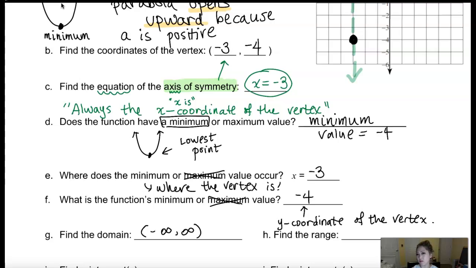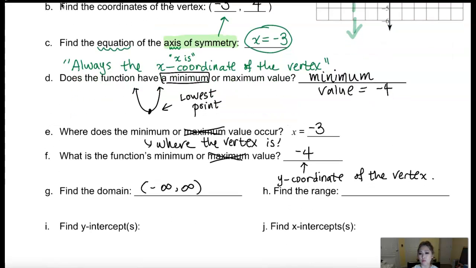All right, the range is going to be a little different though. Range though, because the parabola has the lowest point and it's going to go up. We already said that the lowest point is going to be -4 and it's going to always go up. I'm sorry, not always. Some parabolas open downward. But for this parabola, the lowest point will be -4 and the rest of the parabola will go up, right?